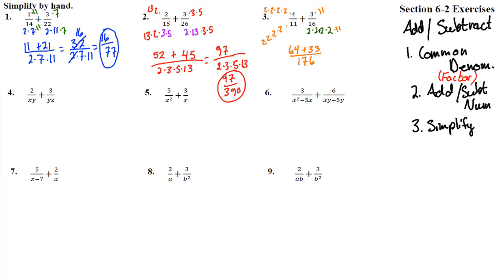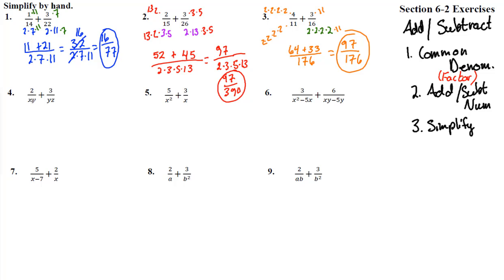Yeah, so that's 2's and 11 in there. 64 plus 33 is 97. Again, is there any 2 or 11 that'll go into that? Nope, 176. Excellent. Okay, next one.